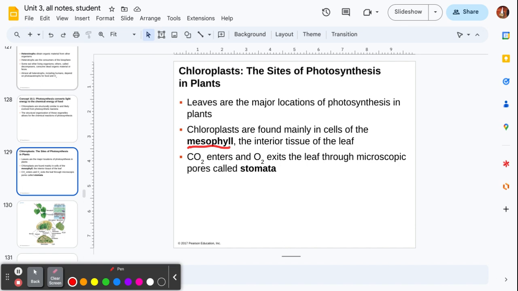Carbon dioxide is going to diffuse into the plant, because that carbon dioxide is going to serve as one of the building blocks for sugar, so we can make our glucose. So that carbon dioxide has to come in through that opening, and oxygen has to leave. Oxygen during photosynthesis is going to exit through these pores.